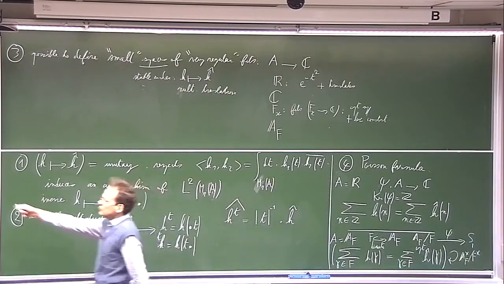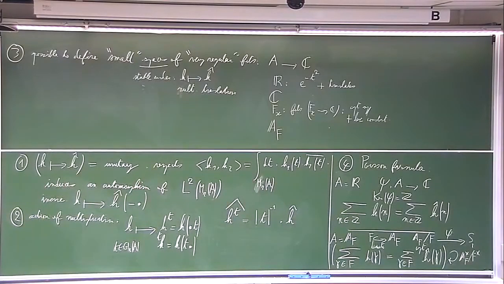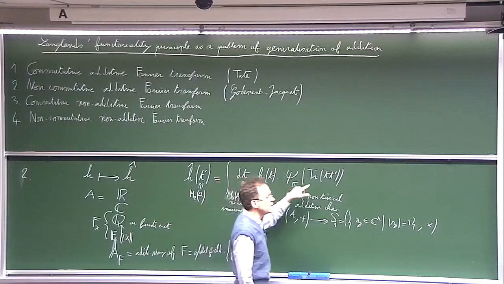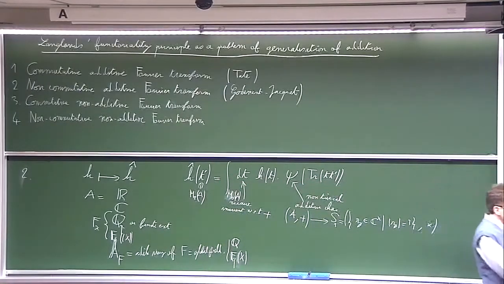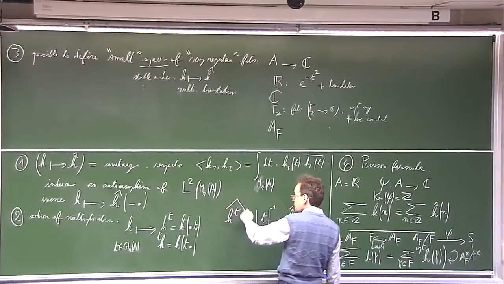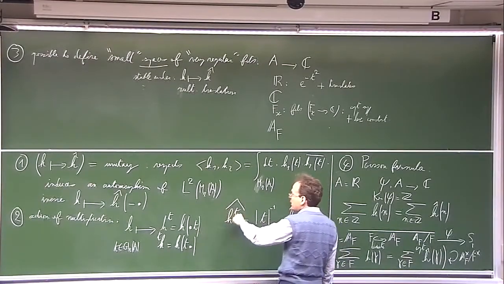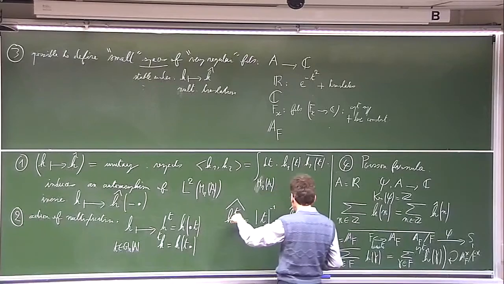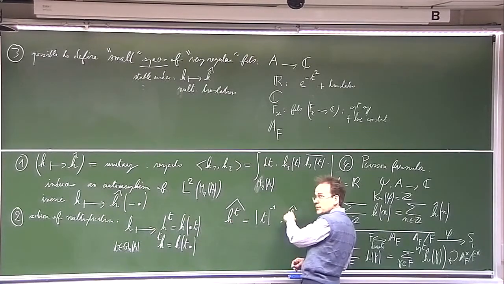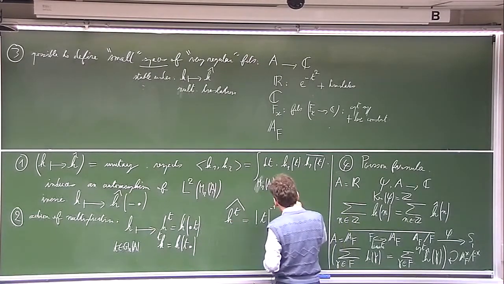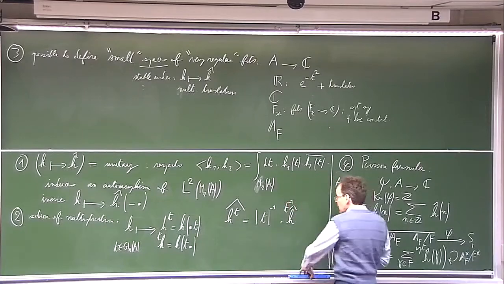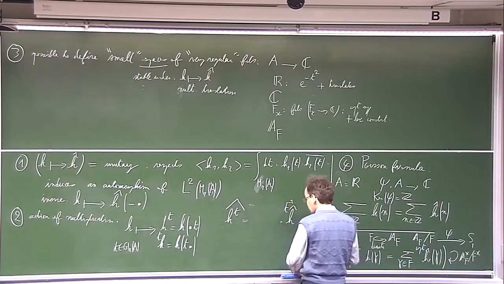Once again, we can deduce the formula by a formal change of variable in the defining formula. So what do we get? We get that the Fourier transform of a function h translated on the right by t is the Fourier transform of h translated on the left by t minus 1. And here there is a correcting factor.